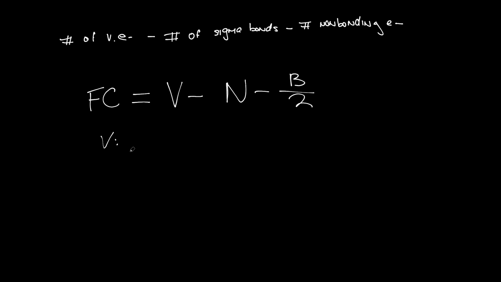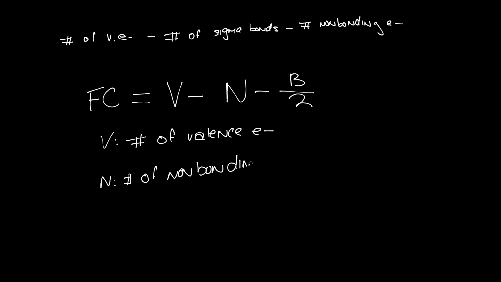V is the number of valence electrons, N is the number of non-bonding electrons, and B is the number of electrons in bonds, and that's why we have to divide it by 2, because there's only one of those electrons on that atom. The other one belongs between the two of them.